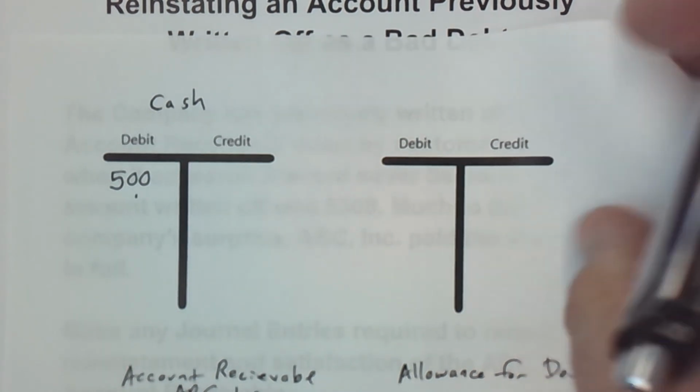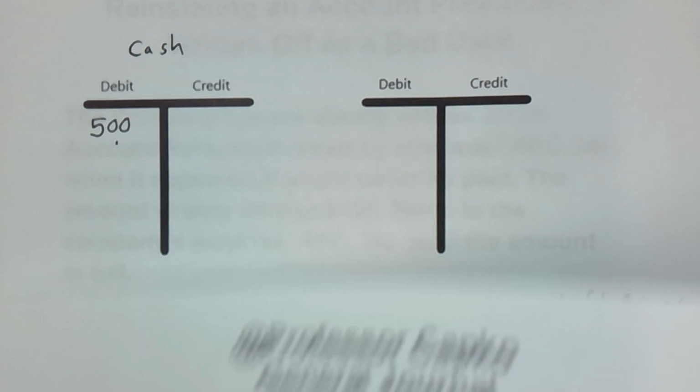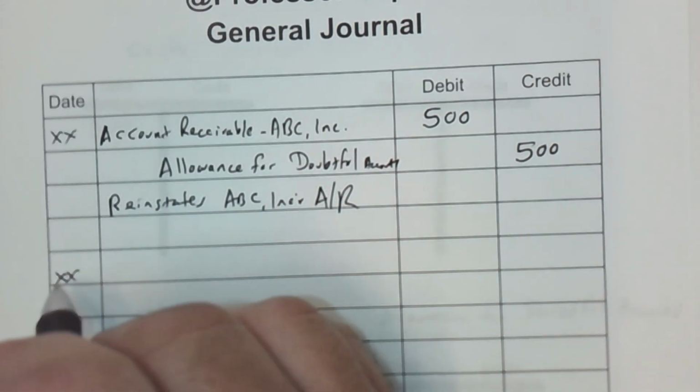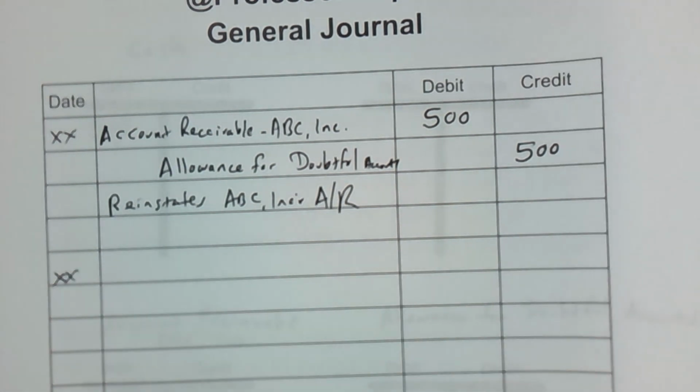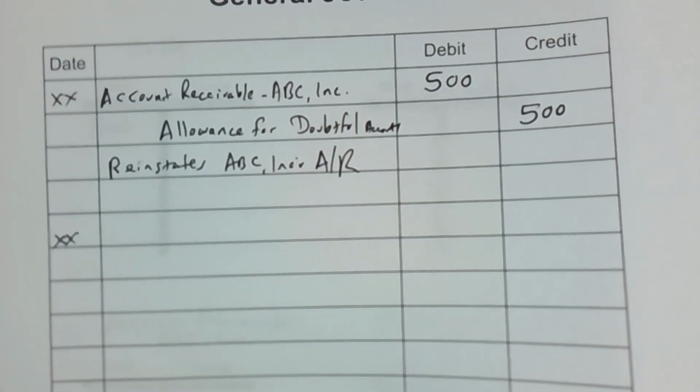So let's now do the journal entry for this. I'm going to slide this up here, and I'm going to leave some space, and we would put the date, and likely it would be the same date because we're handling the same transaction. And in this case, our first debit, we always start with the debits. The debit is to cash for $500.